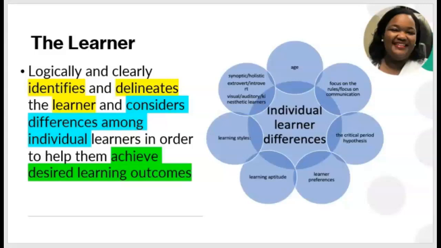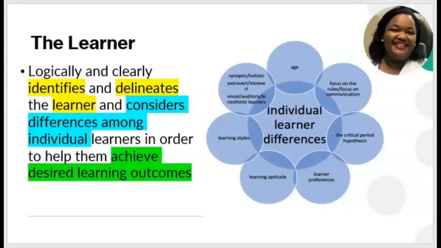I understand that trying to glean all of the differences that learners may contain in one learning audience can be extremely overwhelming, very daunting, and quite taxing on the instructor. But understand, future nurse educators, it is extremely essential that you are able to identify what makes your learner learn.